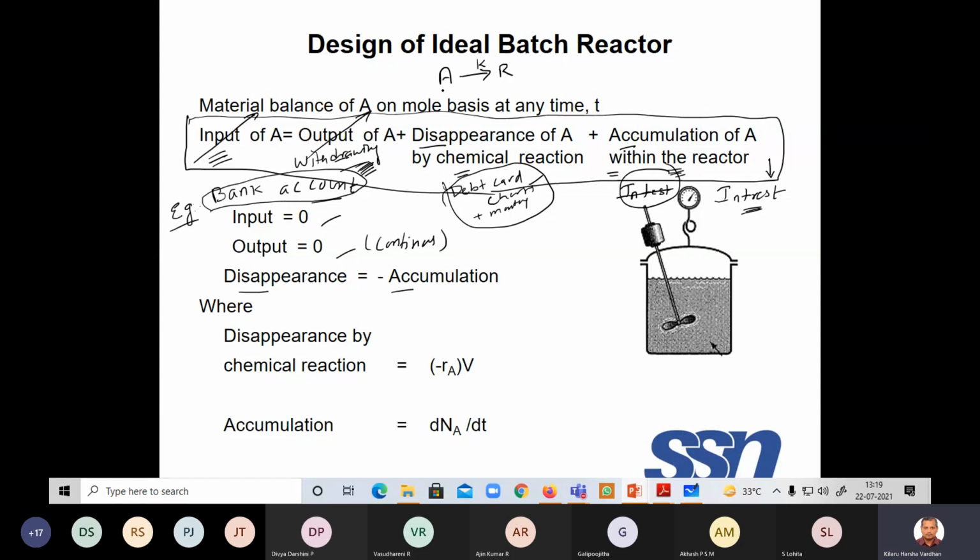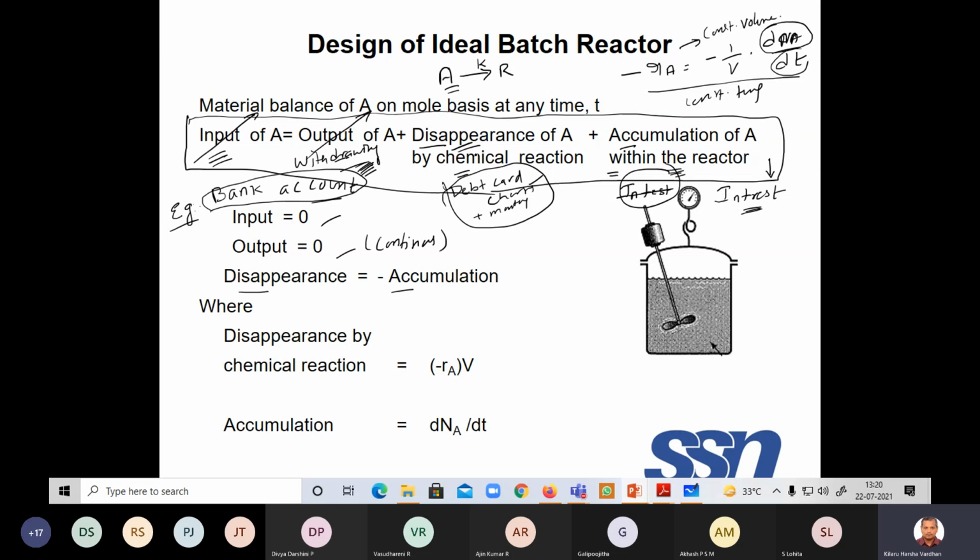Disappearance means disappearance of A. How A is disappearing, A is giving R: minus rA is nothing but minus 1 by V into dCA or dNA by dt. This is the rate expression. Minus rA is the disappearance of A, with 1 by V because I am writing for a constant volume and constant temperature. dNA is the number of moles changing with respect to time.